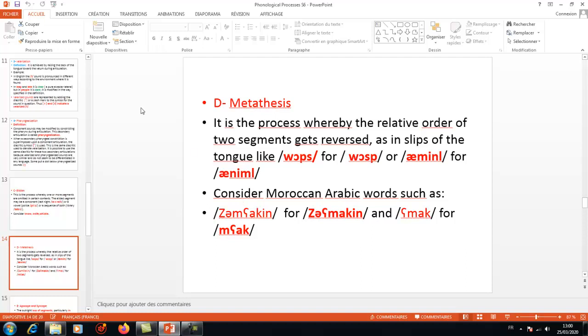Now, of course, it has got some kind of significance sometimes in some social contexts. And this is the case of Moroccan Arabic words like zam'akin for za'makin, or a'mak for ma'ak. So try to consider what they suggest, what they signify in the Moroccan context here.